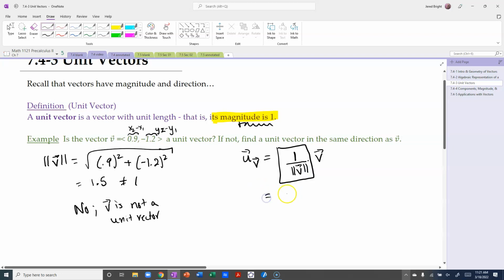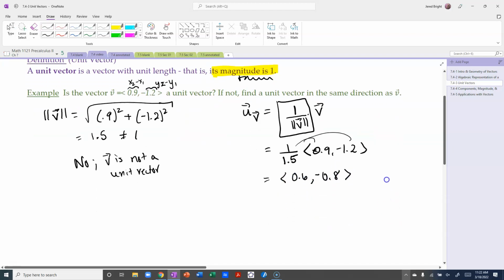To find this unit vector, I would take 1 divided by its magnitude, 1.5, and then multiply by vector v. So this is 0.9, negative 1.2, and then I distribute this in. At the end of the day, we get 0.6, negative 0.8.